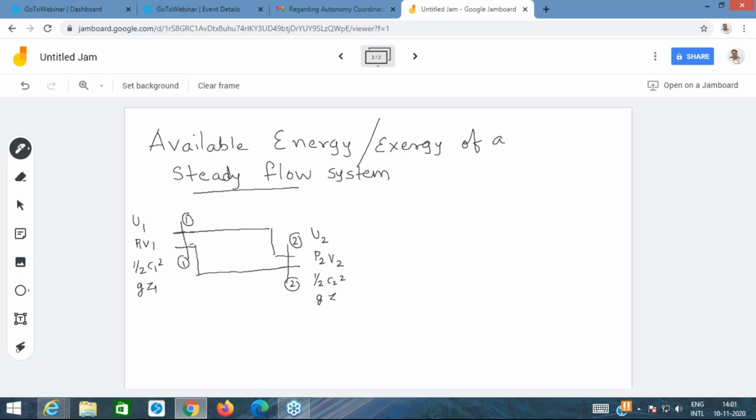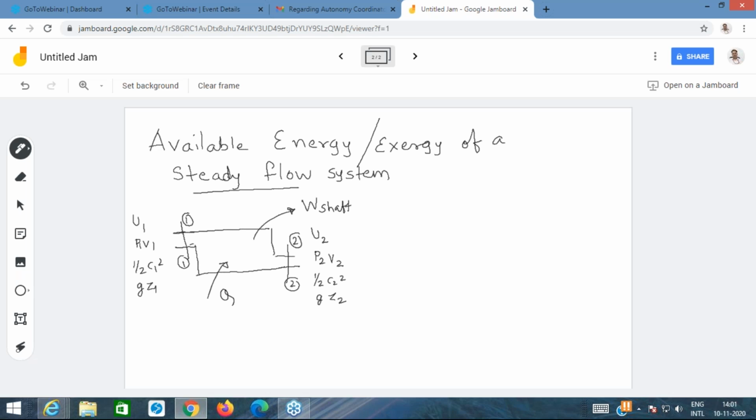Let us say there is a heat transfer to the system, which is Q, and this system performs certain work, which is the shaft work.